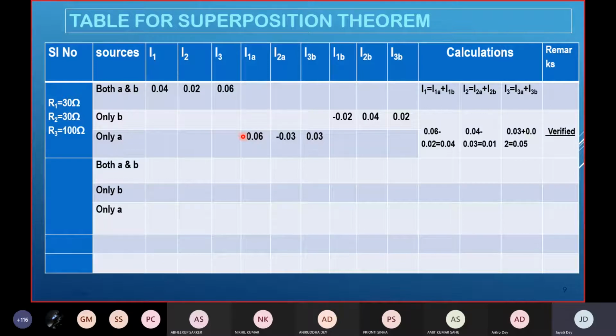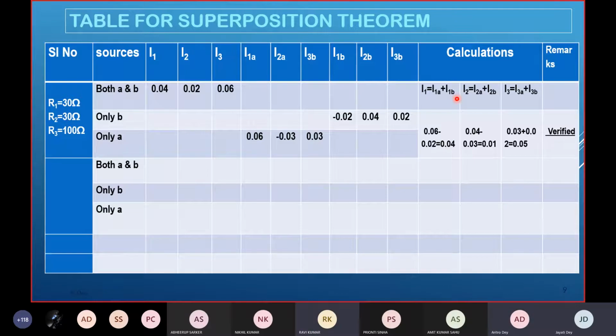Ma'am, I1 is equal to I1A minus I1B, na ma'am? I1 should be I1A plus I1B, I2 should be I2A plus I2B, I3 should be I3A plus I3B. Actually, during experimentation, we have written in terms of plus and minus.